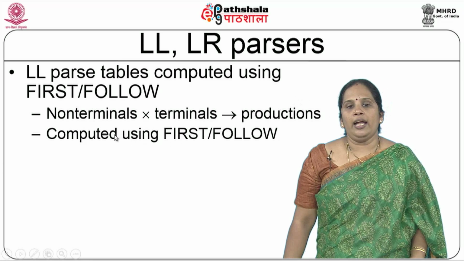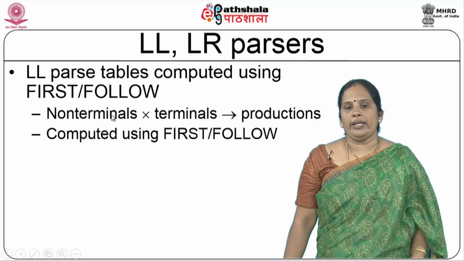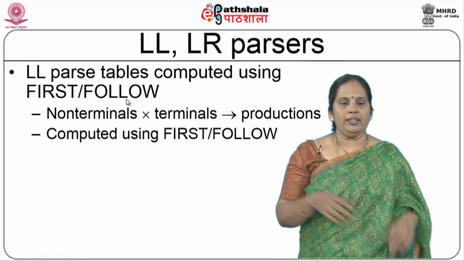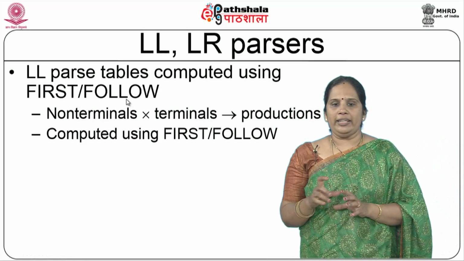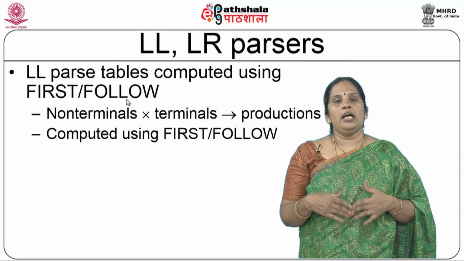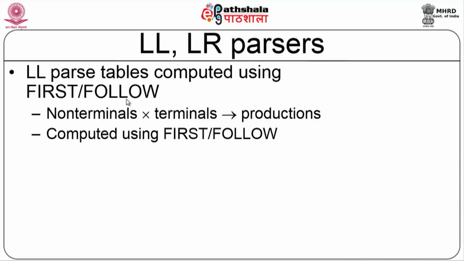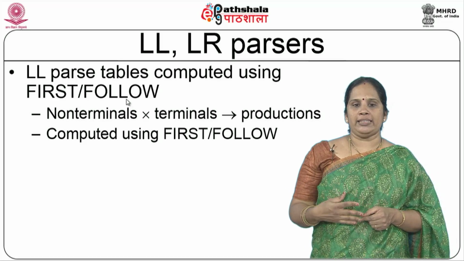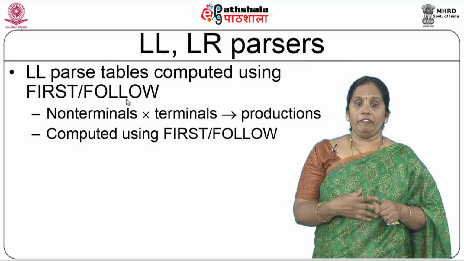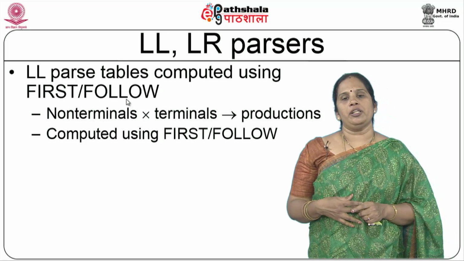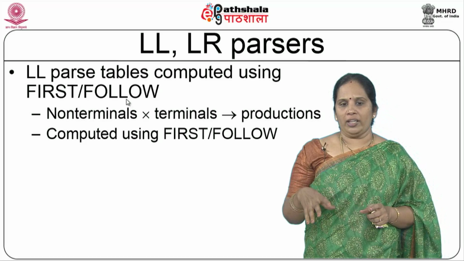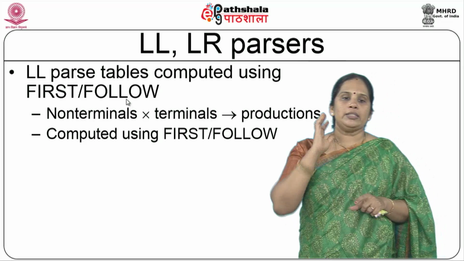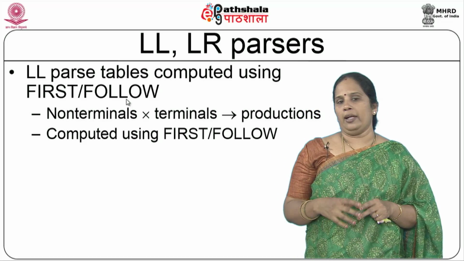The non-terminals will be the rows, the columns will be the terminals, and productions will be at the intersection of these two. This requires a lot of pre-processing, in terms of removing left recursion and left factoring the grammar. So left recursion is eliminated and you have converted your left heavy grammar to a right heavy grammar, and that was the prerequisite for LL parsers.